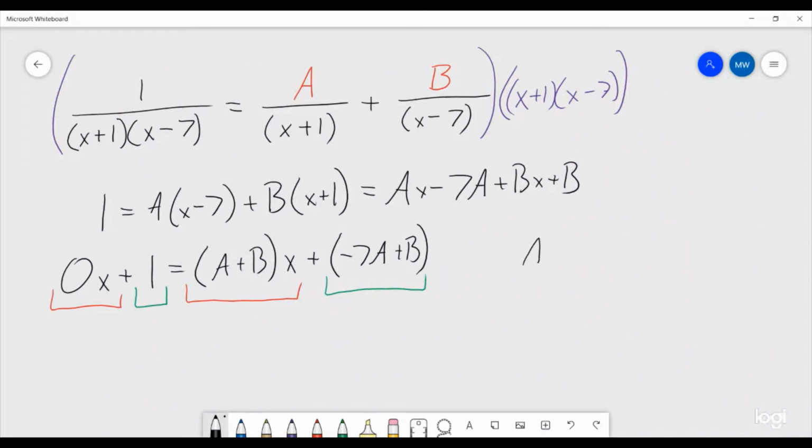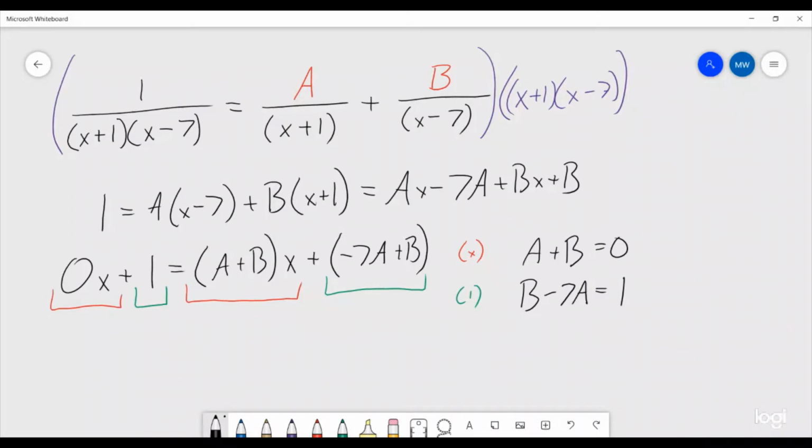So from our x term we have a plus b equals 0, and from our constant term we get that b minus 7a is equal to 1.